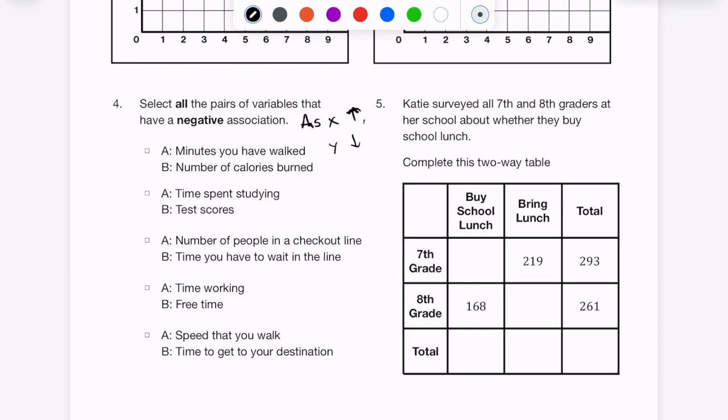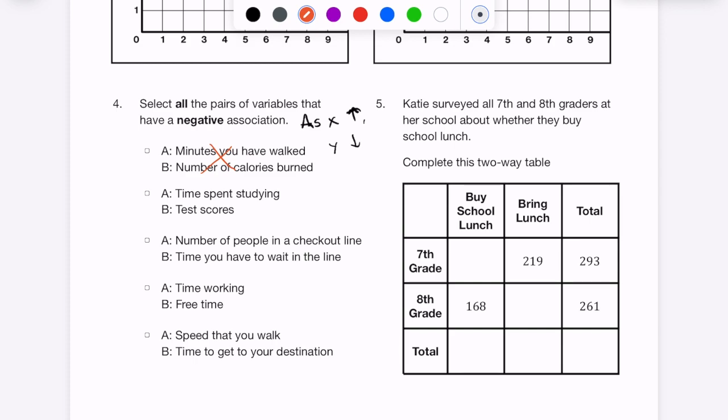For the first option, as minutes you have walked increases, is it true that the number of calories burned decreases? No, that's not true. The more you walk, the more calories you burn, so that would be a positive association. As one increases, the other also increases.